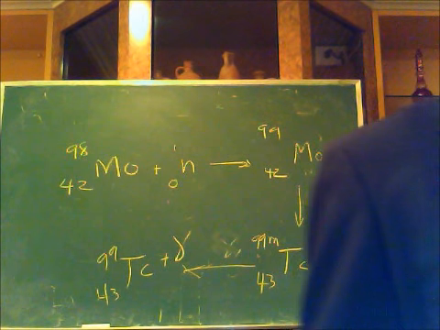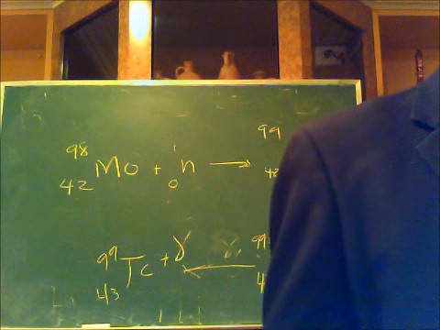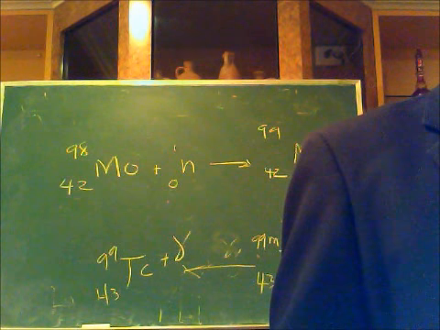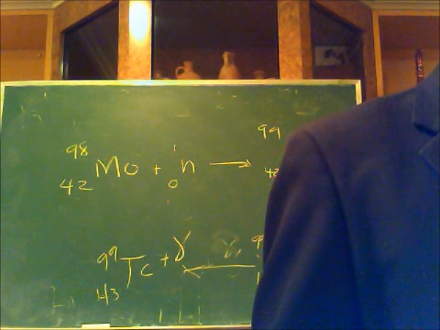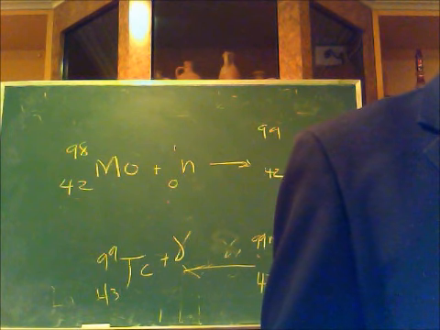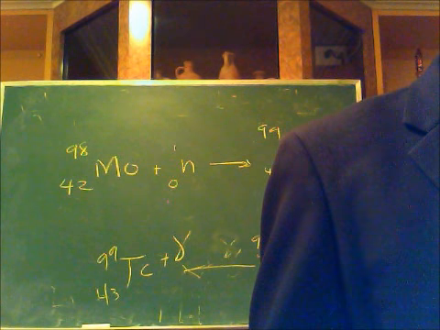Here they are. They're deuterium, which I already mentioned previously, which has 1 proton and 1 neutron. And then lithium-6, which has 3 protons and 3 neutrons. Boron-10, which has 5 protons and 5 neutrons.